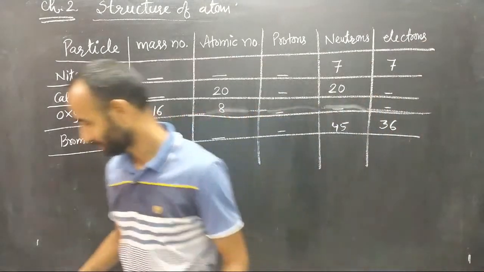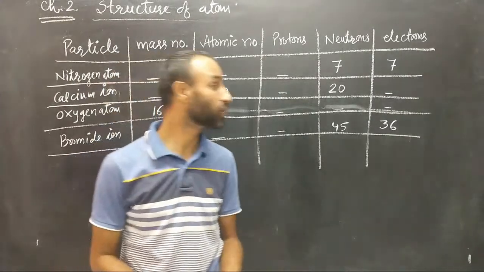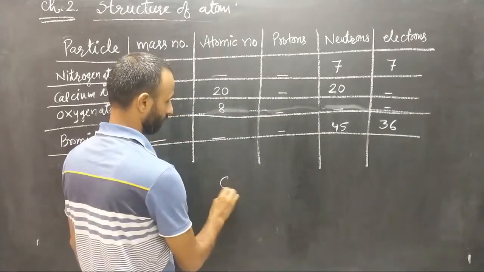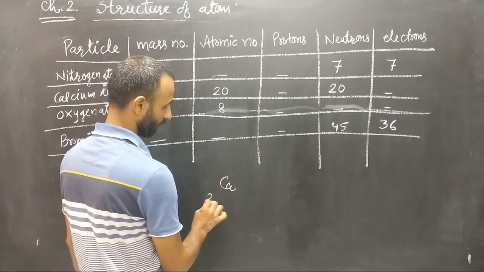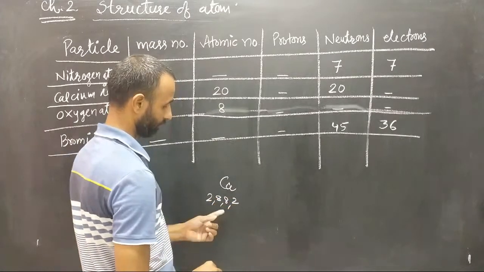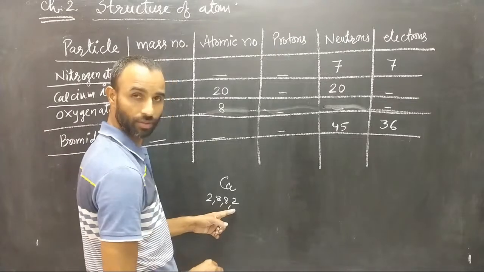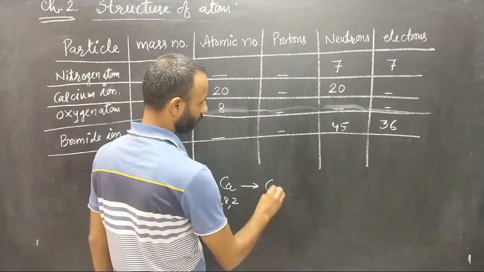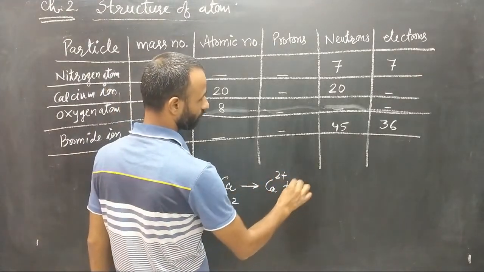Okay, start. You know calcium is in group 2, so it will lose 2 electrons.